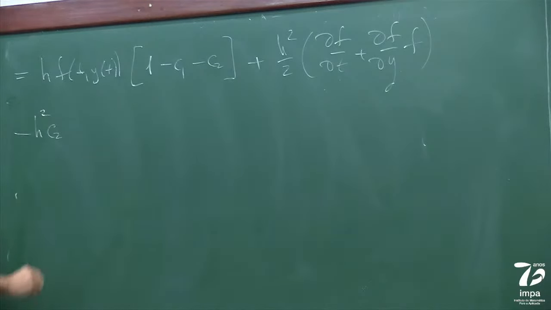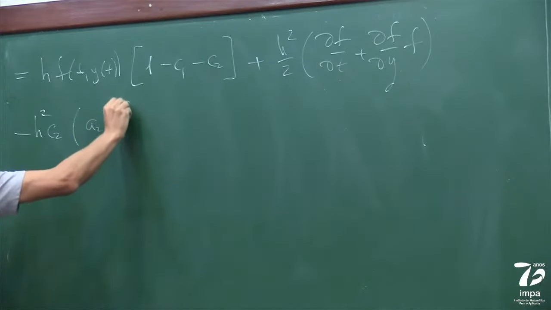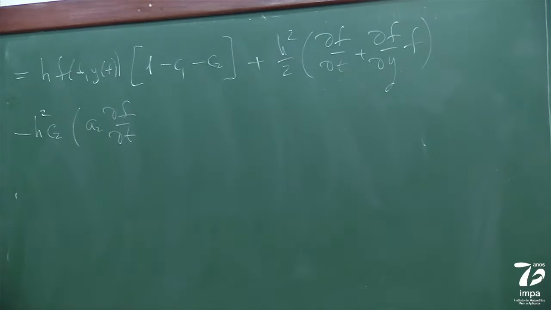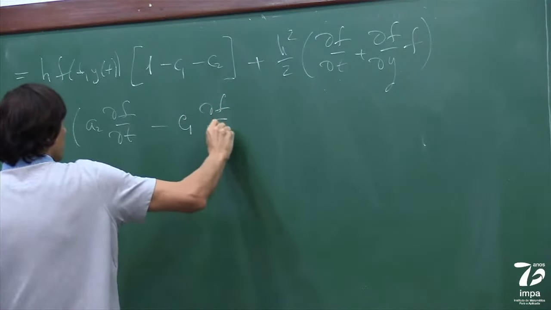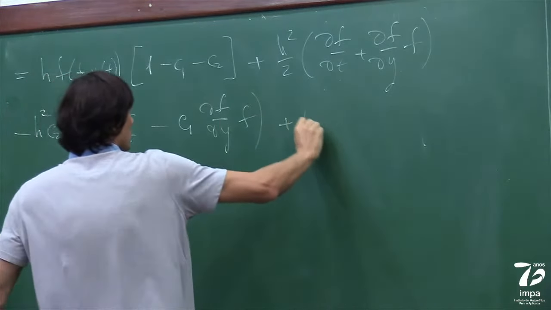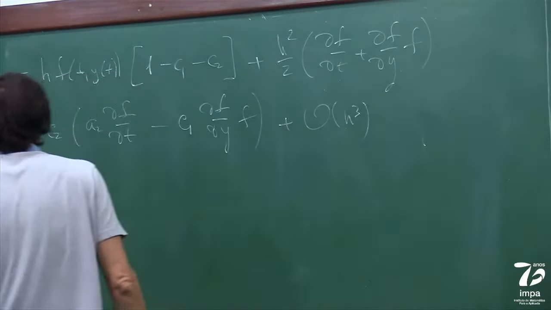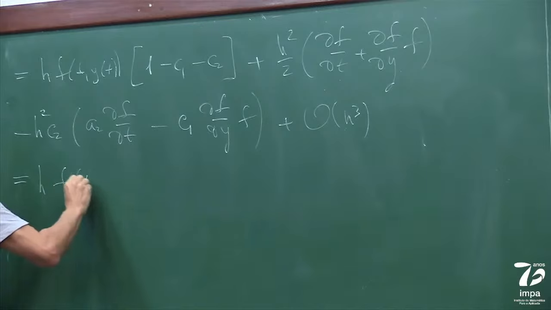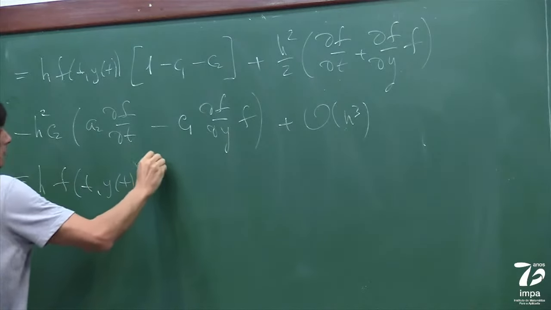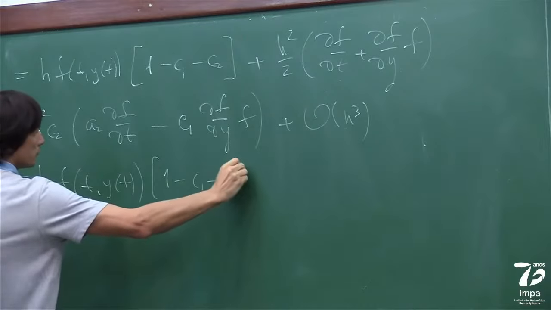And then there is still this term, squared. So it will be A2 df/dt minus C1 df/dy f plus O(h cubed). And now collect the other terms. So this will be still h f(t, y(t)) times 1 minus C1 minus C2.